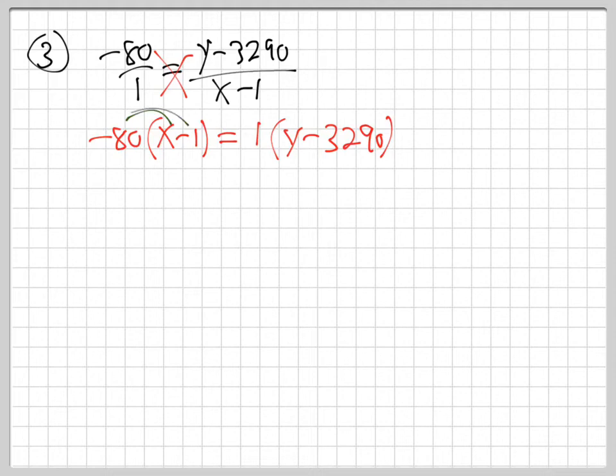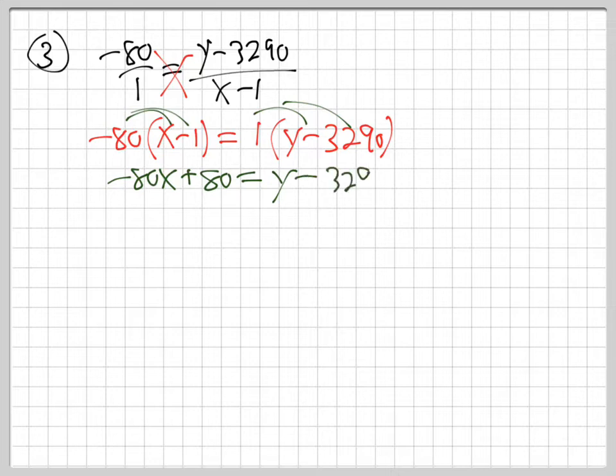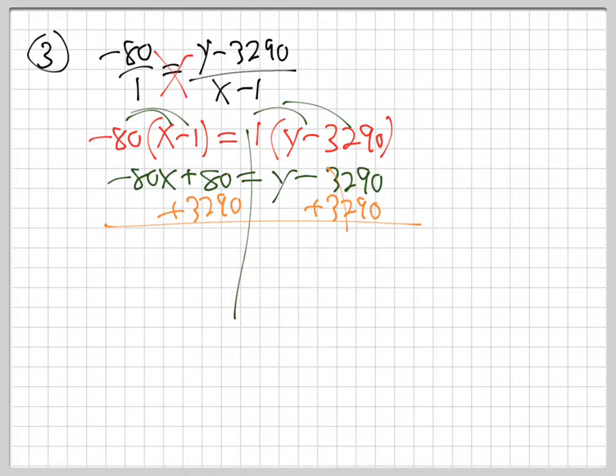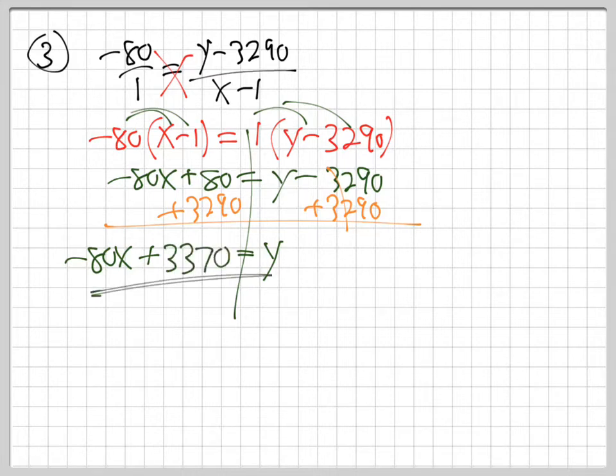Distribute: minus 80x plus 80, y minus 3290. Y says, I want to be alone. Add the 3290. And then, thank you. So there it is.